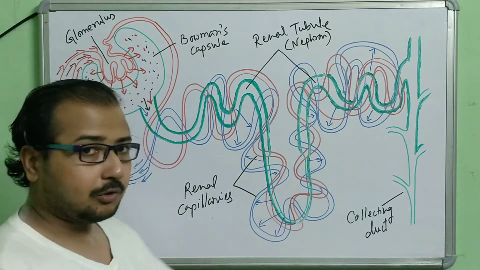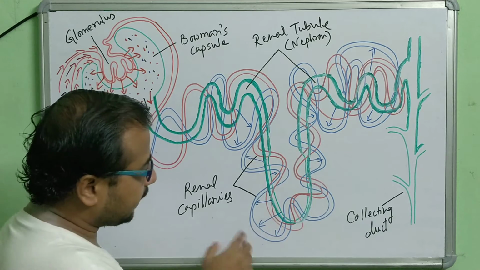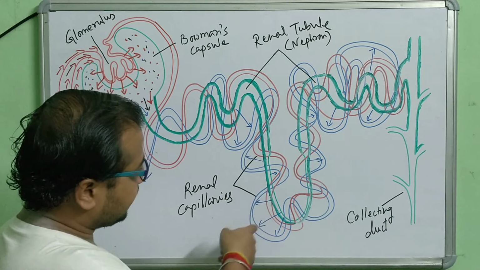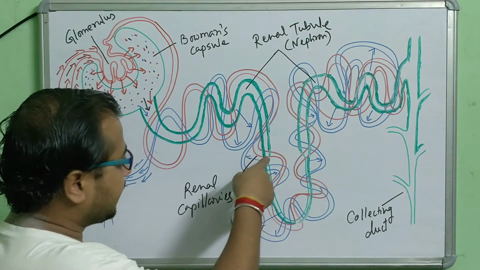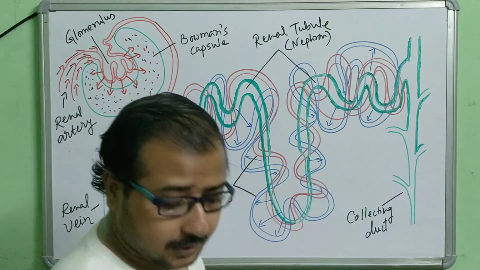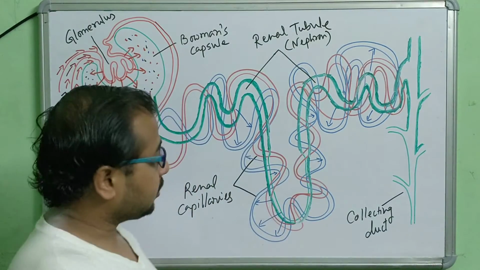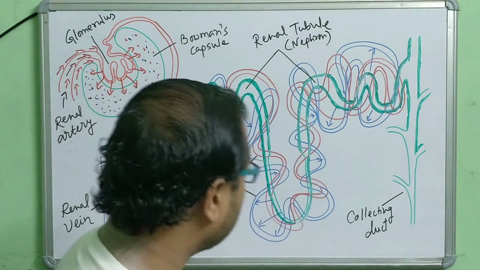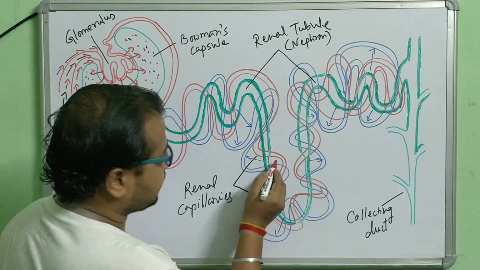That is why the wastes again from the vein, and you can say the artery is now here, from the arteries, they will be sent back to the nephron. Okay, so let me show you. See, this is the artery.